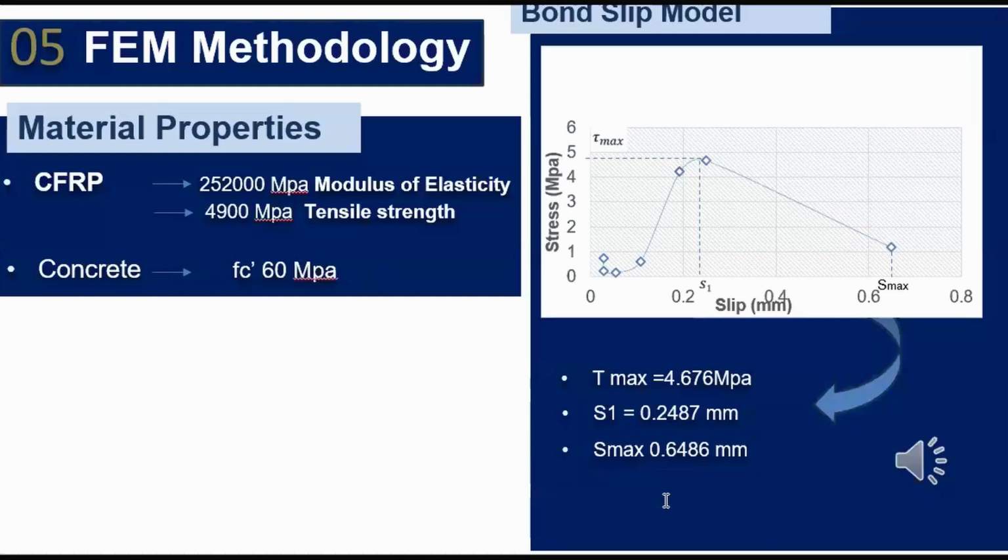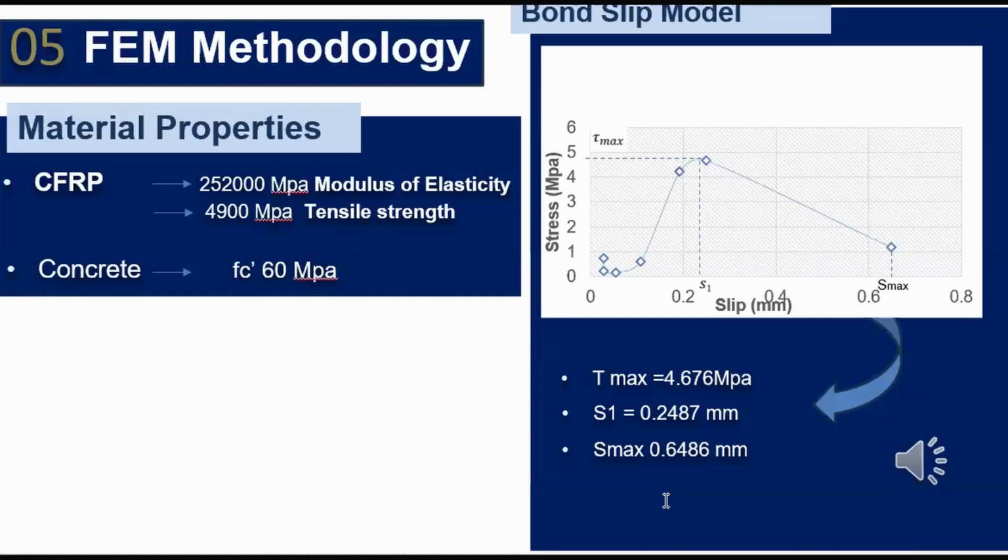For material definitions, the same as the experimental program, concrete of strength 60 megapascal has been defined, and for the CFRP sheet, the values reported by the manufacturer are 2000 megapascal as a modulus of elasticity and 4900 megapascal as tensile strength.